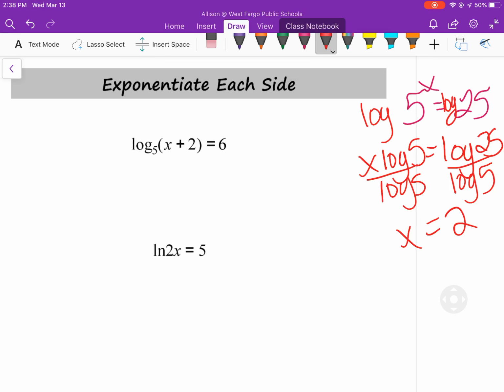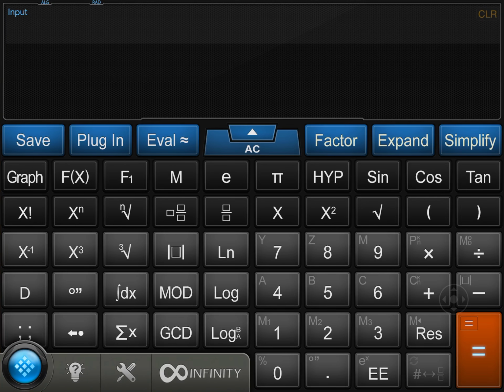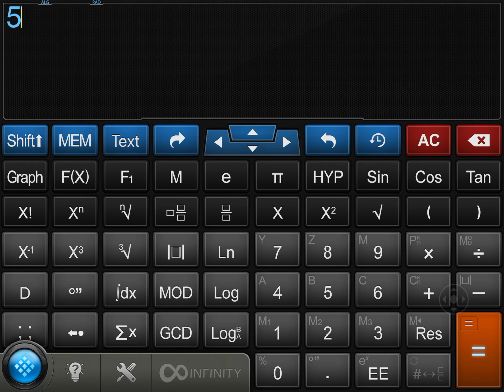exponentiate each side. So since I have log base 5, I'm going to use this as the base. So I'm going to take 5 to this power and 5 to this power. So do it on both sides. Now log base 5 and 5 to the log base 5 are going to cancel, and I'm just going to get x plus 2 equals 5 to the 6th power. I don't know what 5 to the 6th power is offhand.